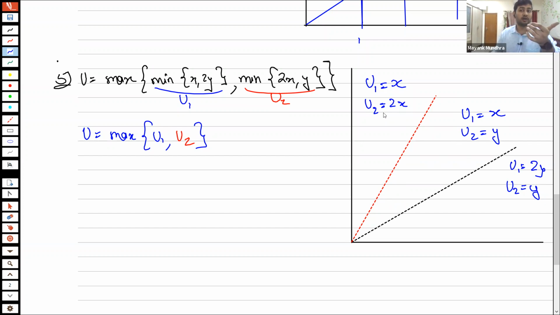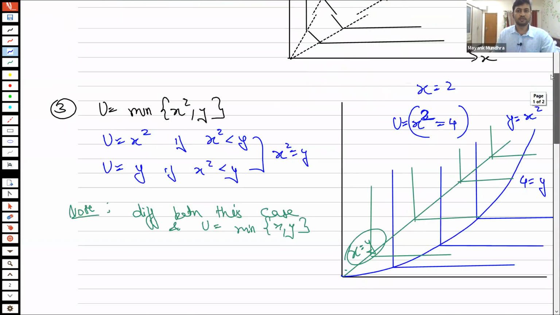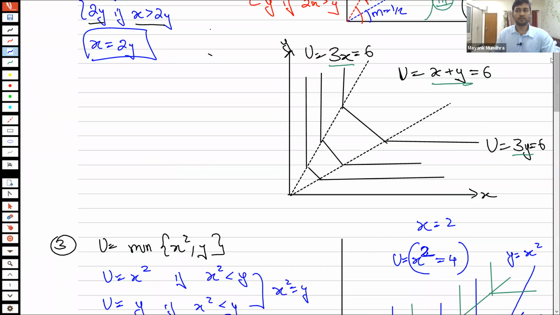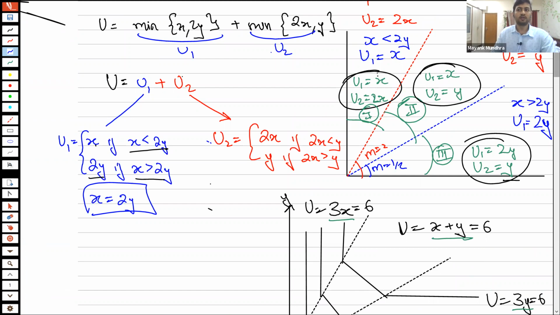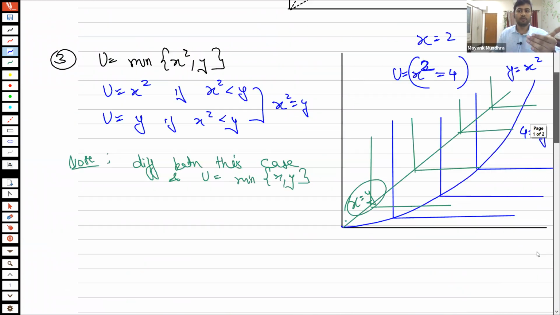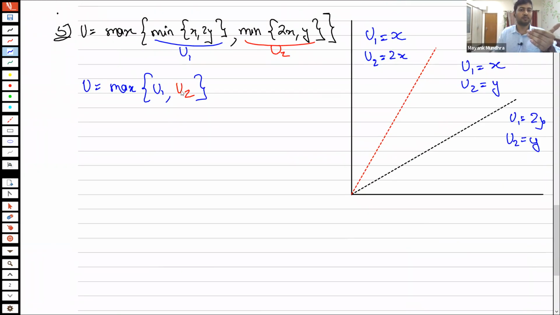The only thing is, if you remember question number 2, you had utility as u1 plus u2. So everything till this point is similar. The only thing is in the end, I'm not doing u1 plus u2. I'm doing max of u1 comma u2. Now, suppose I represent this as green. So u equals max of u1 comma u2. What is going to be the max of x and 2x?